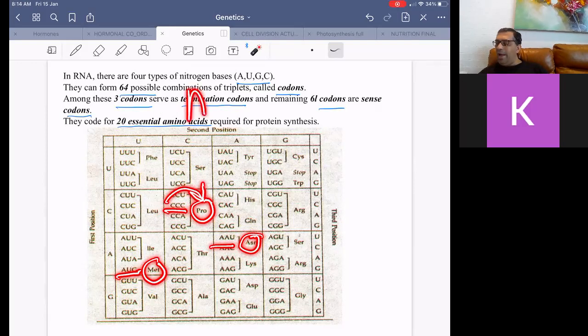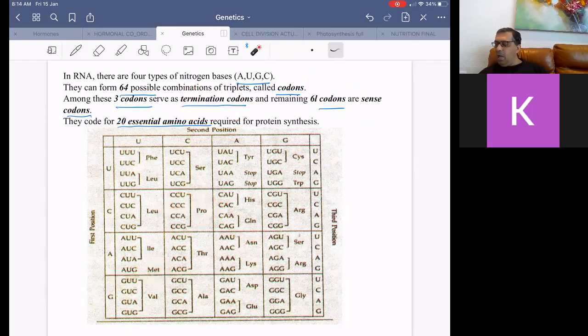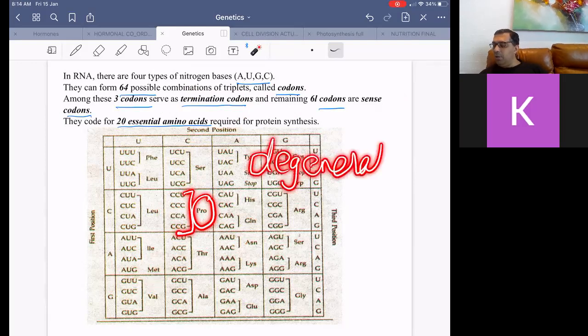That is called non-ambiguous. But the opposite: every amino acid is coded by more than one codon. That is called degenerate. So CCC codes for proline.